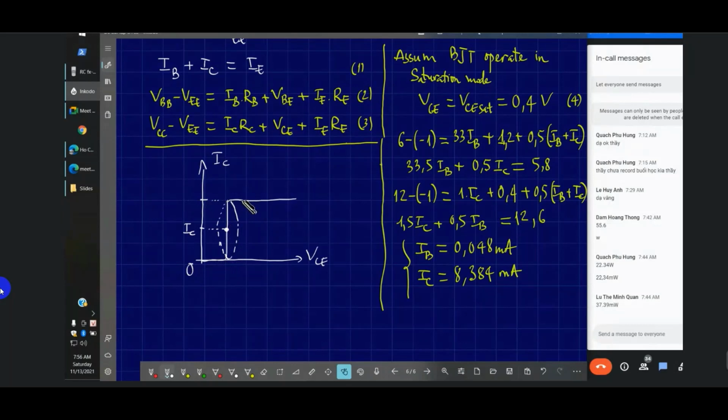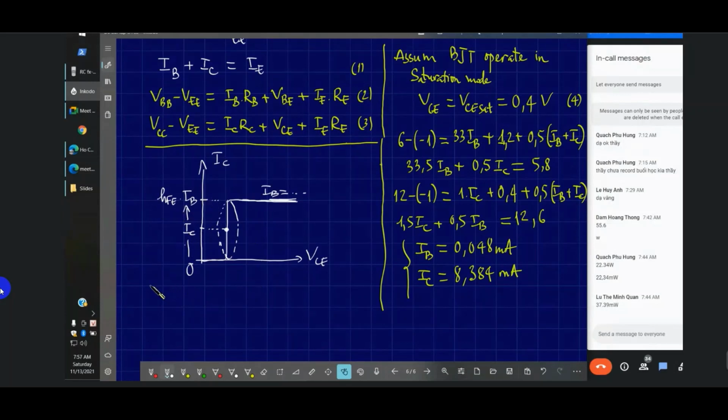The maximum value in amplifying mode for IC, according to IB, should be HFE multiplied with IB. So IC will operate from zero to a maximum of HFE multiplied with IB.